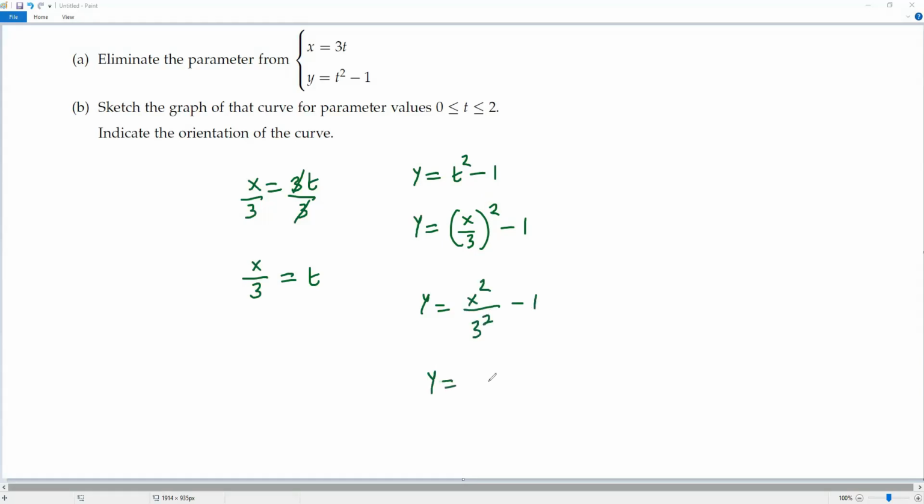So in the next step, y is equal to x square over, the value of 3 square is just 9, negative 1. So this equation can be written as y is equal to 1 over 9 times x square negative 1. Okay, in the given parametric equations, we have eliminated the parameter t and we got the equation in terms of the two variables x and y.